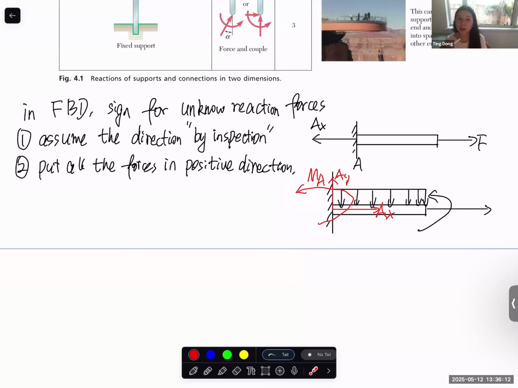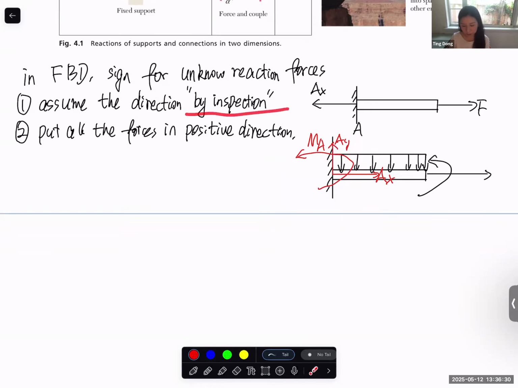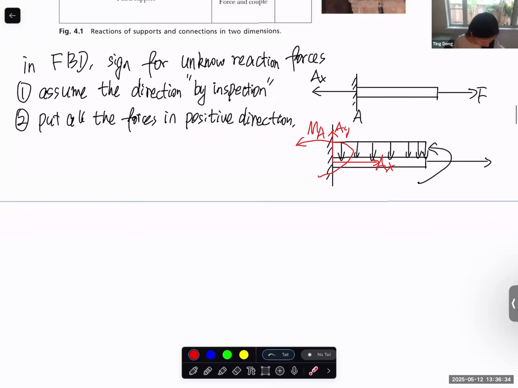The assumed direction by inspection could be wrong, but in the end, you can still get the correct answer because it also depends on the positive and negative number you get at the very end. In the end, your final answer is correct. So it really doesn't matter. You can do either by inspection or positive direction. So this is for reaction force.